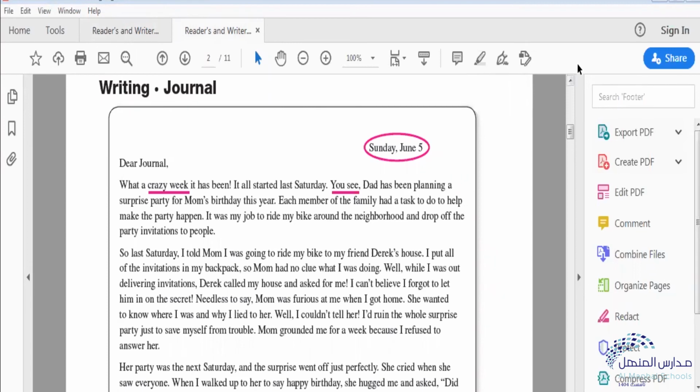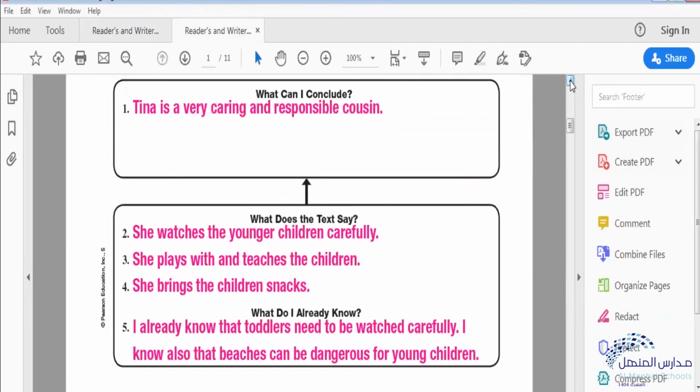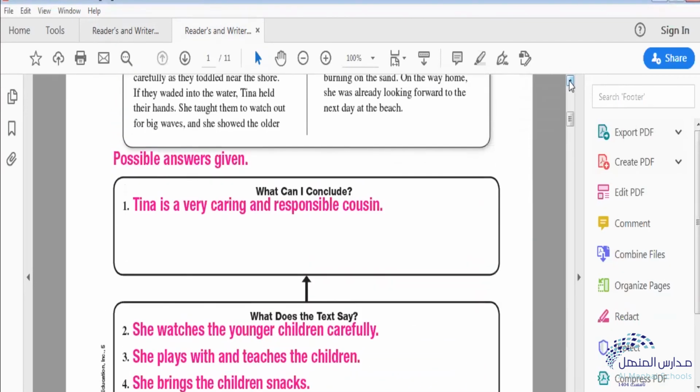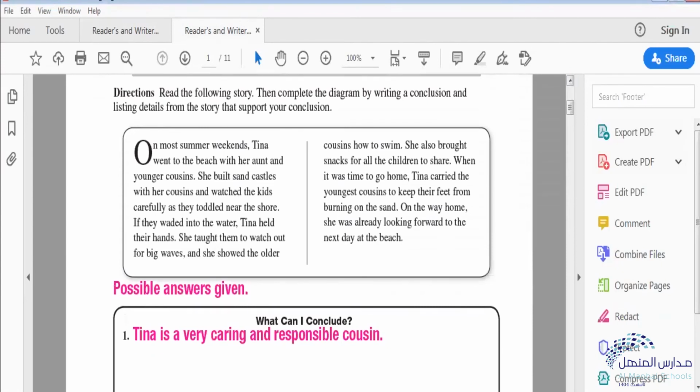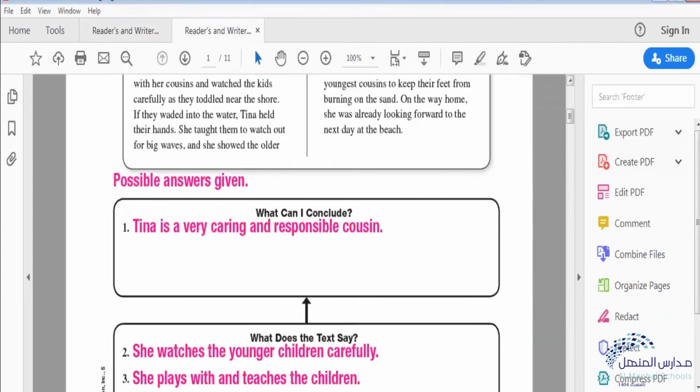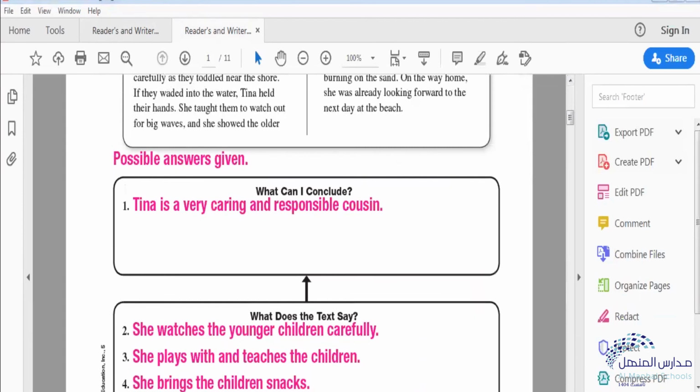Now, from what we read in the story, I want us to look again at the text. From the text, she watches the younger children carefully. She plays with and teaches the children. She brings snacks for the kids.